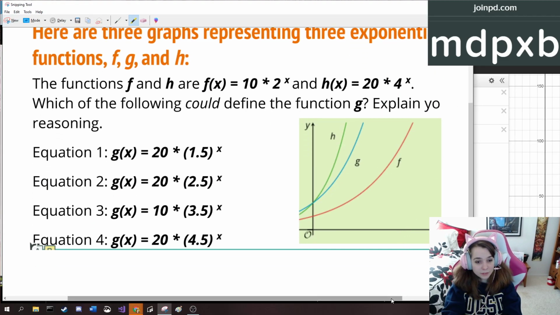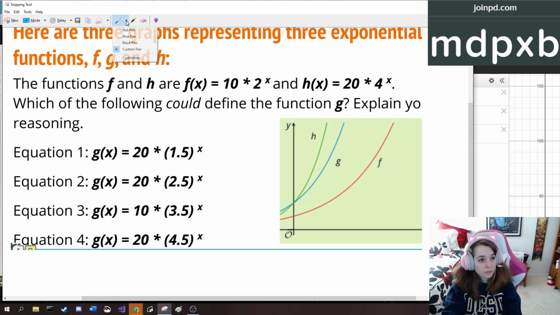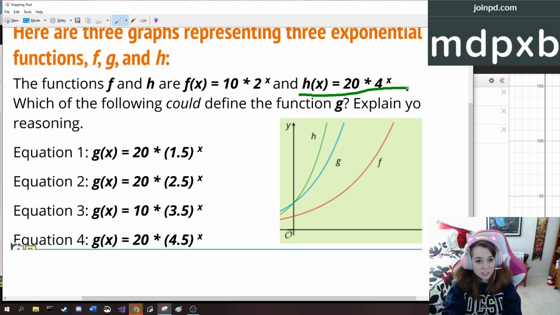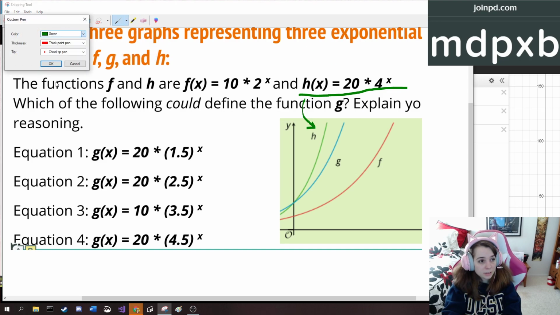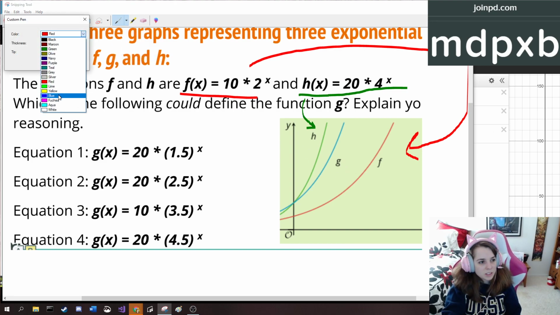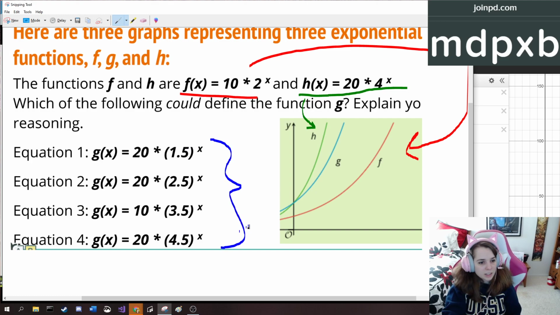So h is our green graph here. F is our red one. So the question is, which of these equations would best represent our blue given the information we have about f and h?